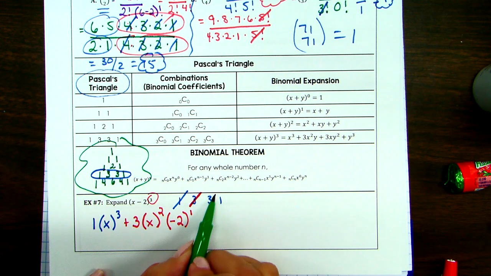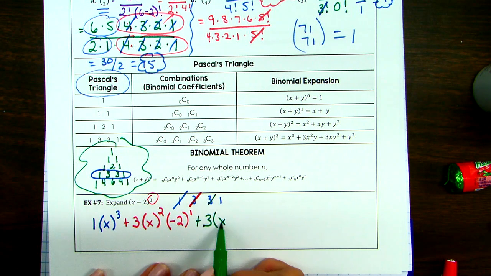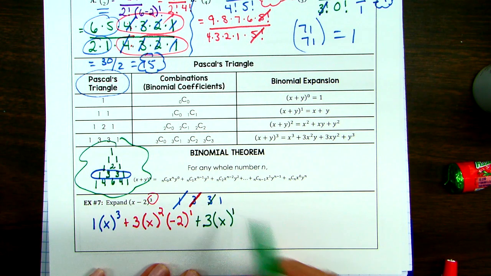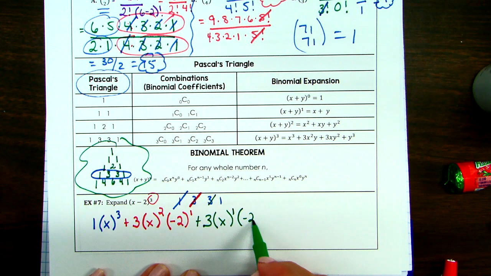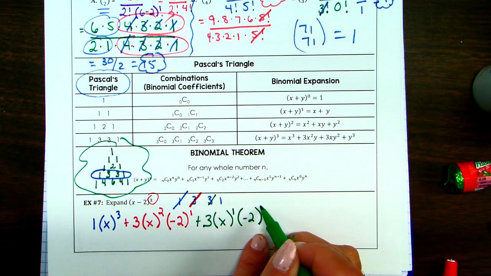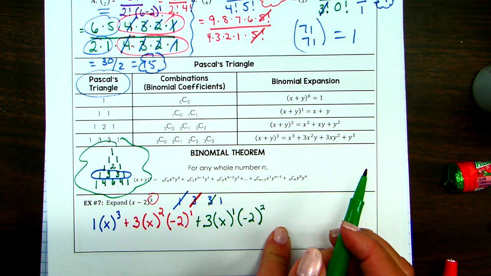Next one is a 3. So I'm going to put that next. X again, and we're counting down. I have 3, 2, 1. Then I have the negative 2. I'm building up. 0, 1, 2. Do my exponents add up to 3? Yes.